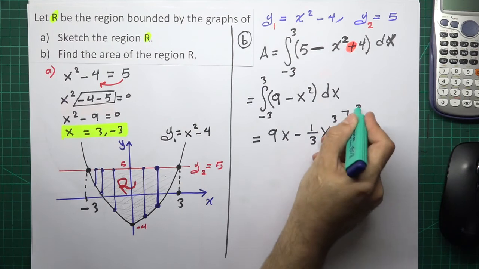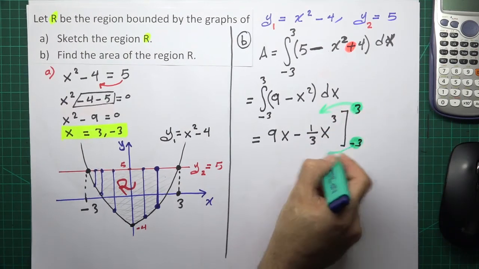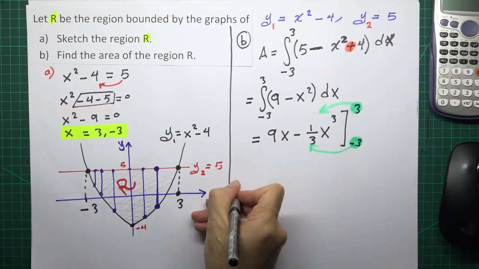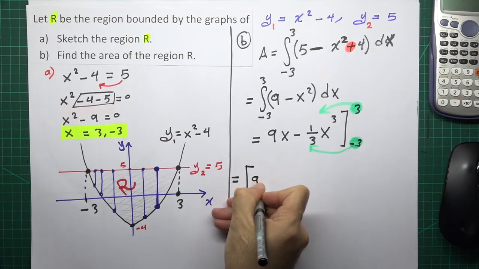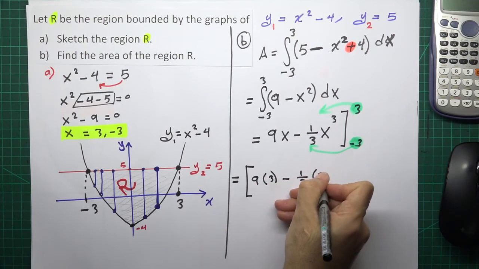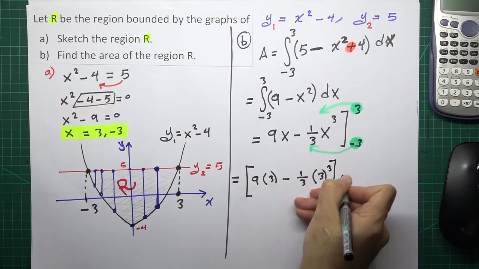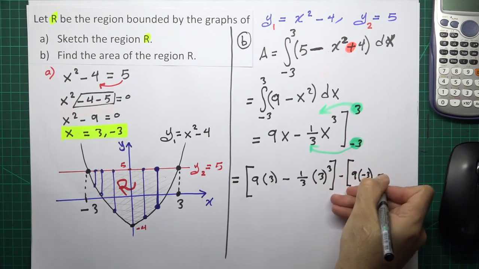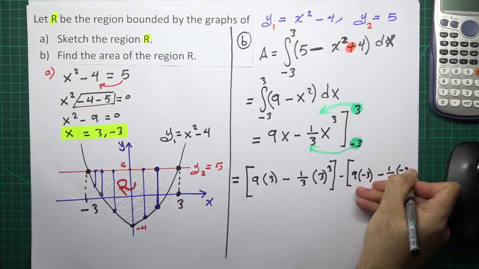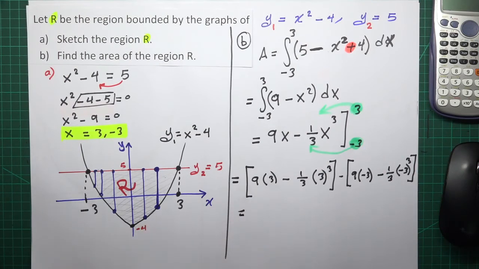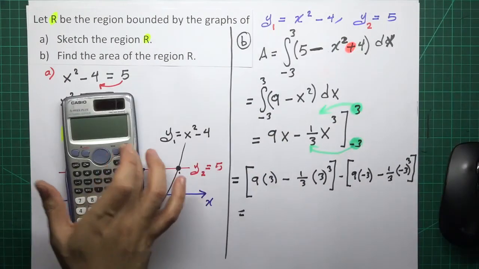I will start with 3, plug in 3, then minus 3 in the same function. So it will be 9 times 3 minus 1/3 times 3 cubed, minus 9 times minus 3 minus 1/3 times minus 3 cubed, and you can simply use your calculator to find the final answer.